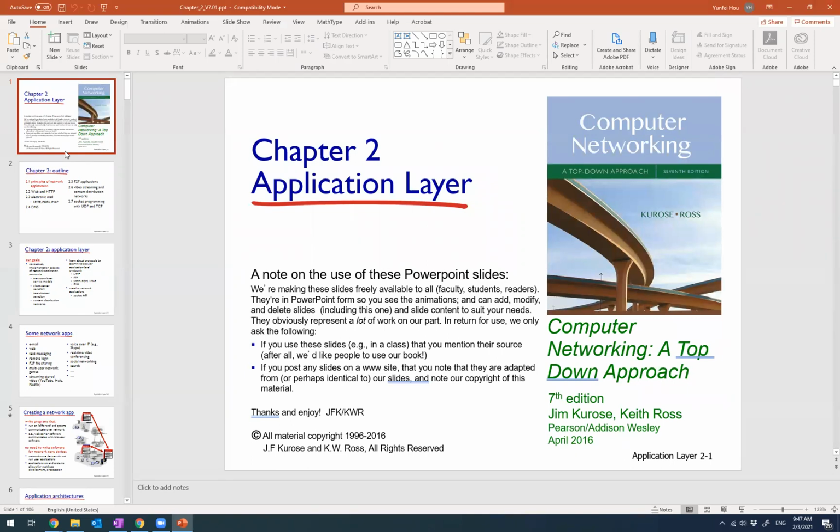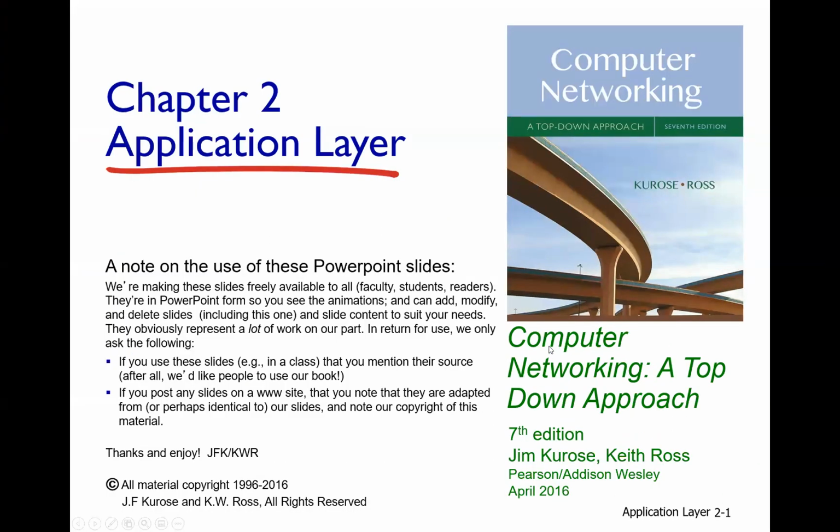We didn't really touch upon a lot of the technical details or protocol designs or algorithms. From chapter 2, we're getting serious about computer networks, and we're going to touch upon some of the technical details. Okay, let's get started.